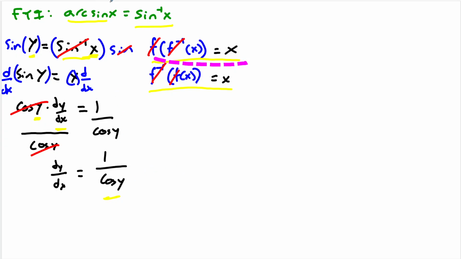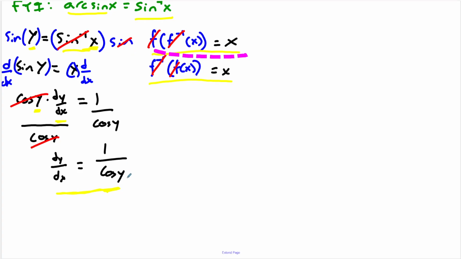The derivative of sine inverse of x is 1 over cosine of y. This is a completely acceptable answer in some cases. But usually for dy dx, we want it in terms of x. This is correct, but maybe it's not an acceptable answer, okay? We can still do more.